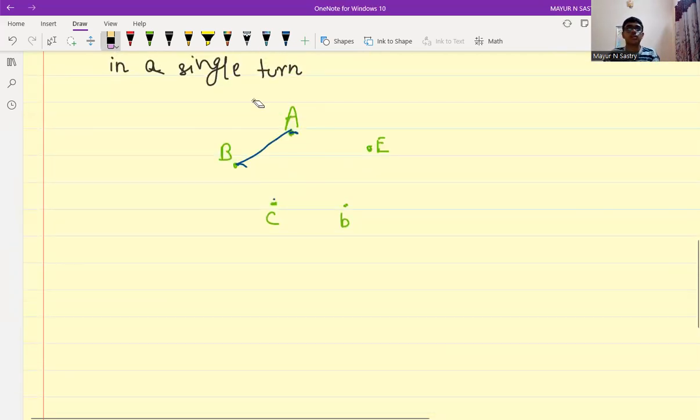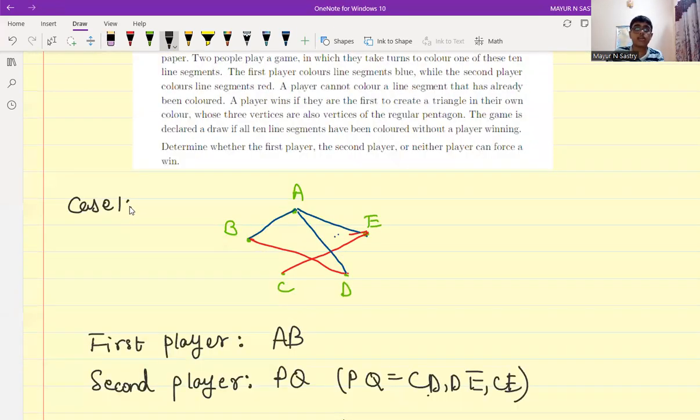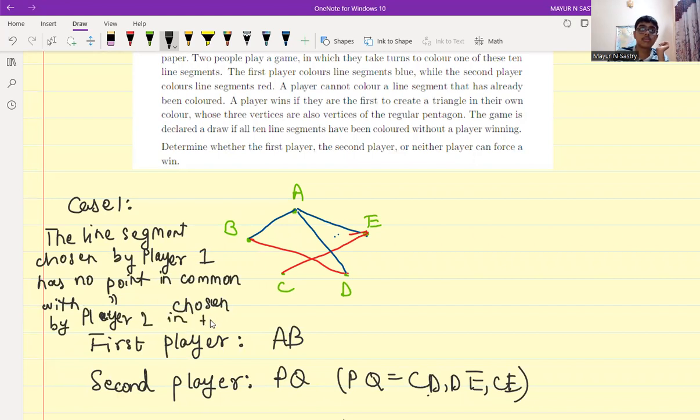So we are going to assume that now in case 2, the previous case was case 1, where I will describe case 1 as the line segment chosen by player 1 has no point in common with the line segment chosen by player 2 in the respective first turns.